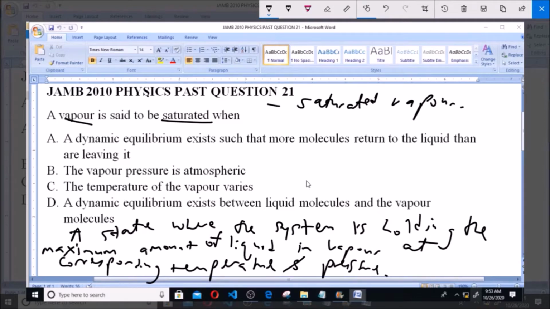So in this system, what it entails is that you have a system that contains the maximum amount of liquid in that vapor at that particular temperature and pressure.